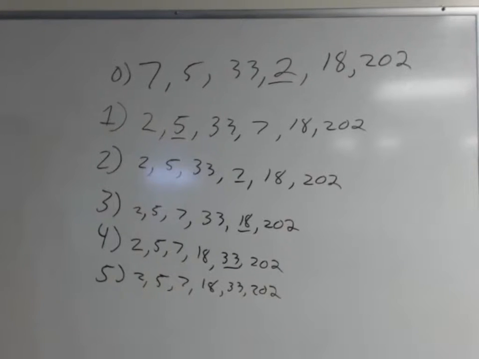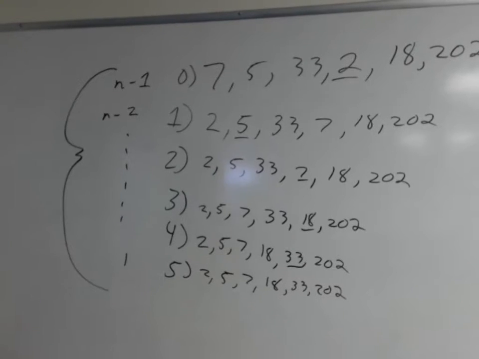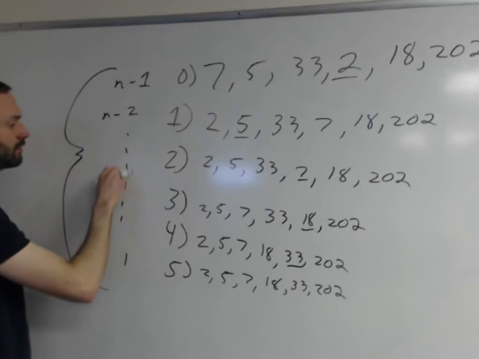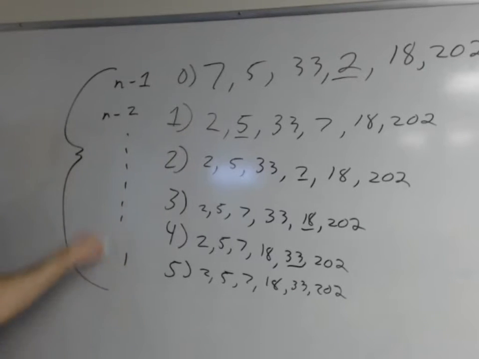Okay, so how many comparisons were made up here? N minus 1. How many were made down here? N minus 2, dot dot dot, down to 1, right? So for each line, we did n minus 1, n minus 2, down to just 1 comparisons.